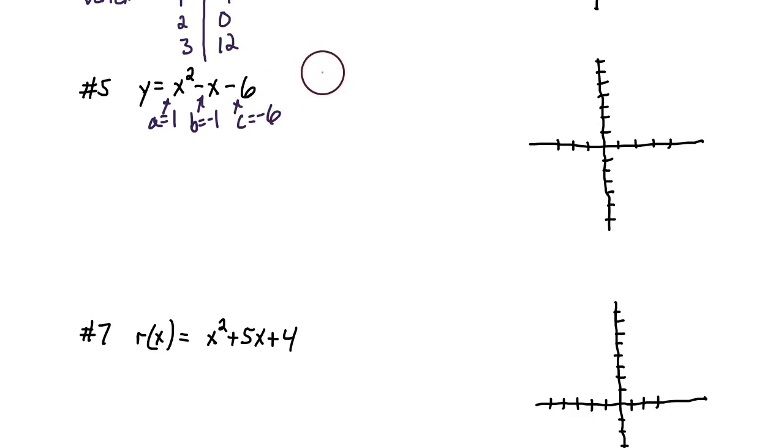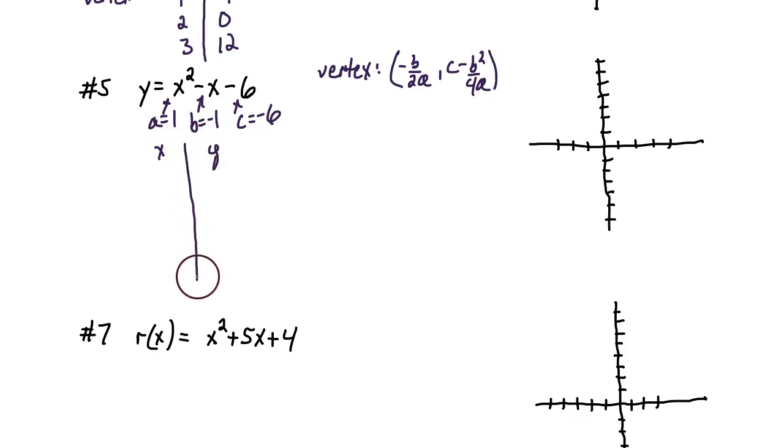In standard form, when you want to find the vertex, you get the x-coordinate by using negative b divided by 2a. You get the y-coordinate by going c minus b squared over 4a. Let's make our xy table, and start with the middle row of the table, the vertex.